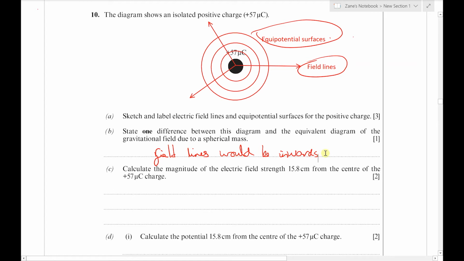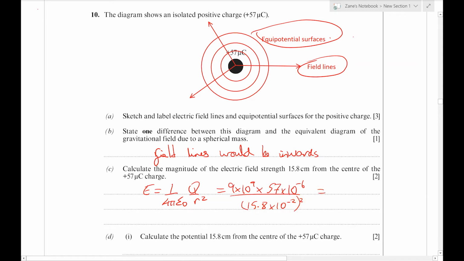For part C, we've got to calculate the magnitude of the electric field strength at 15.8 centimetres from the centre of the charge. The formula for electric field strength is E equals 1 over 4 pi epsilon naught, Q over r squared. 1 over 4 pi epsilon naught is taken as 9 times 10 to the 9. The charge is 57 microcoulombs, micro being 10 to the minus 6. And the distance here was 15.8 centimetres, so we've got to remember to turn that into metres.